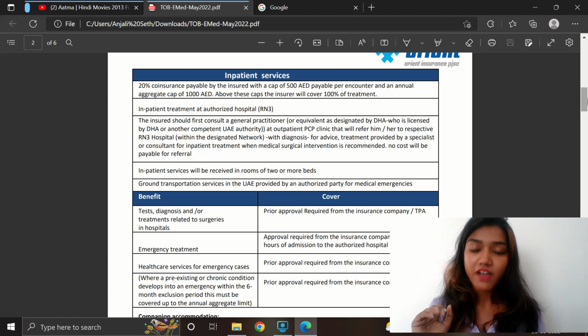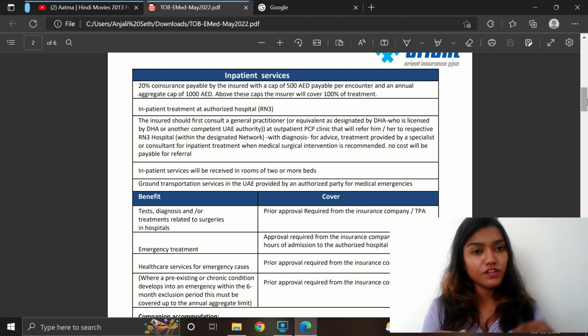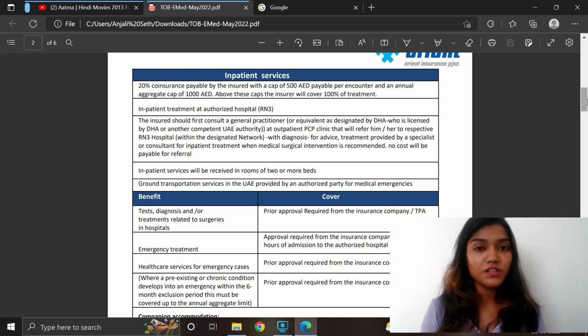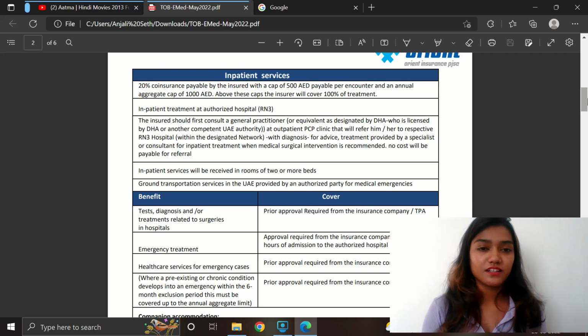Other than that, in a year the maximum you have to pay is 1000. Even if the bill is 1 lakh or 1,50,000, you don't have to pay more than 1000 in any case. It's the most protective case, right?